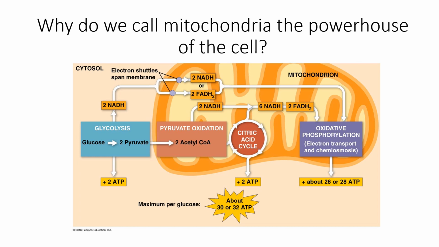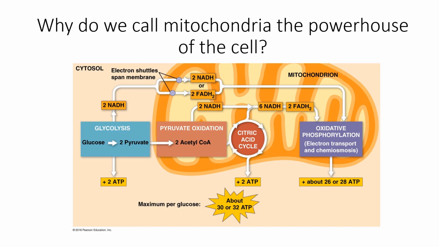So from cellular respiration, we yield a grand total, including what we create from glycolysis, the citric acid cycle, and oxidative phosphorylation, of 30 to 32 ATP from a single glucose molecule. So the range is due to the electron transport chain and where NADH and FADH2 enter it.